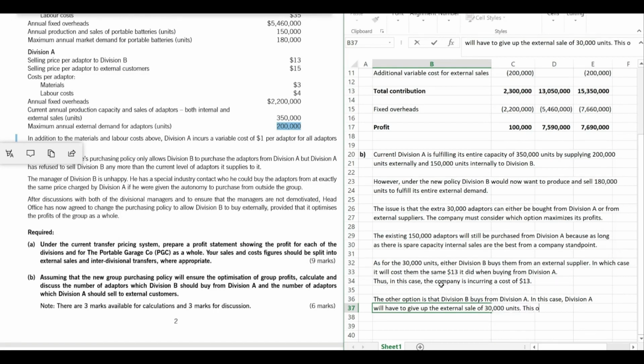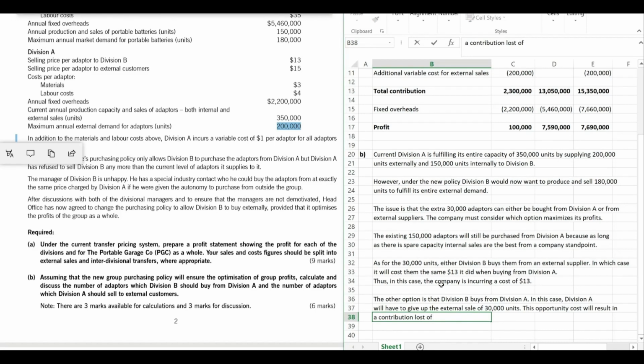This opportunity cost, and remember, opportunity cost is always based on contribution lost, so how much did they make for external sales?